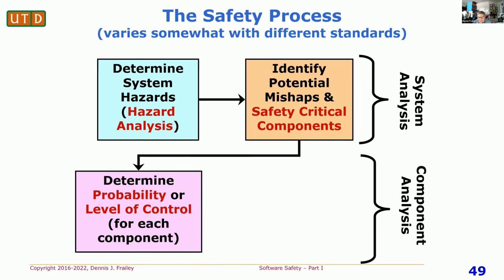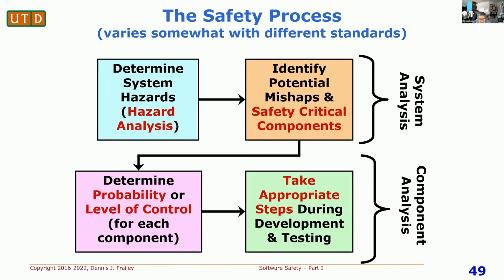Or as we will see in a moment, or actually Thursday, the other possibility is what's called a level of control. In other words, to what extent does the component contribute to the possible mishap or hazard? And then the fourth step is to take appropriate steps to deal with things during your development and testing processes.